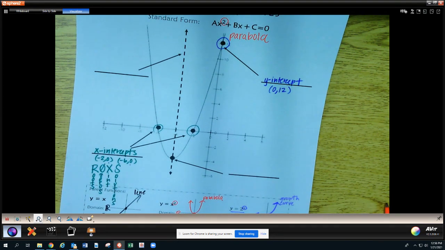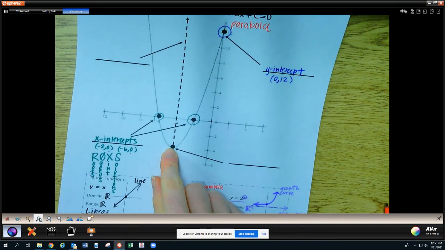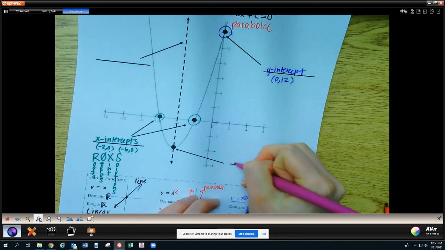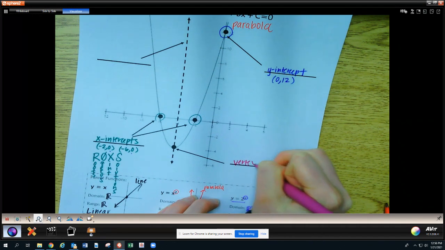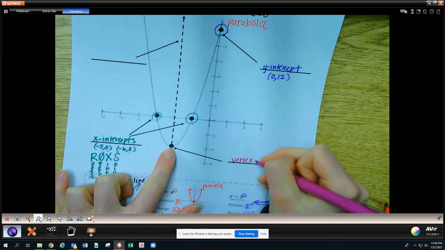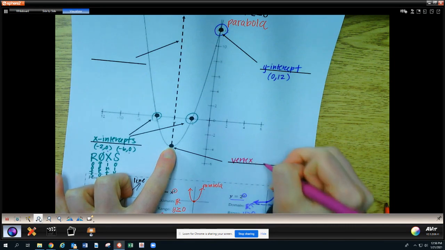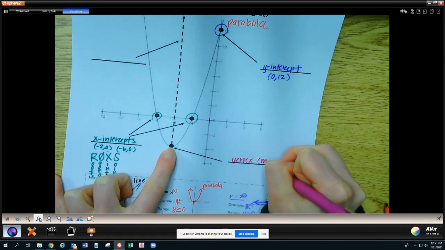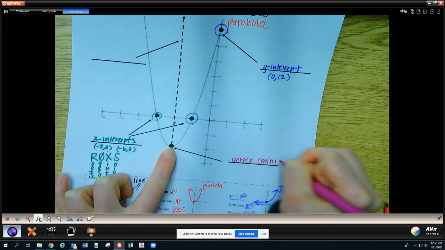Okay, so some new vocabulary is this point right here called the vertex. Okay, and in this case, it is a minimum. Okay, the vertex is always going to be a max or a minimum.